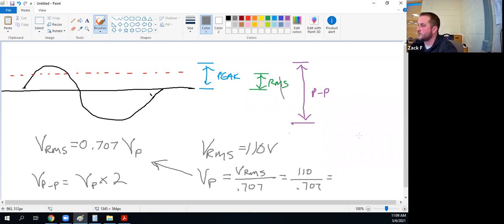155.54. Or I multiplied it by 1.414. Yeah, either way you want to do it is fine. I'm minimizing the number of formulas that you need, so if you're more comfortable with that, that's fine.